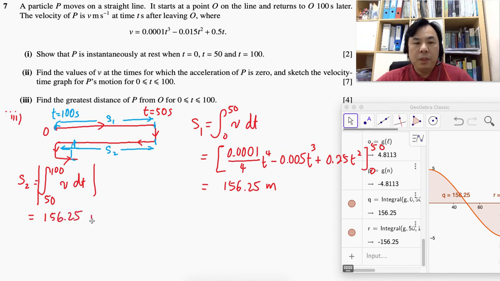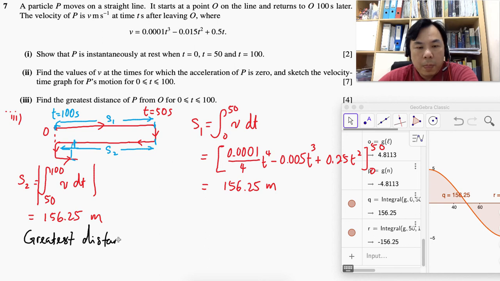156.25 meters. So when it changed direction, it has returned to its original position because both the distances are exactly the same, right? So you want to find the greatest distance of P from O. Okay, let me read that one more time.